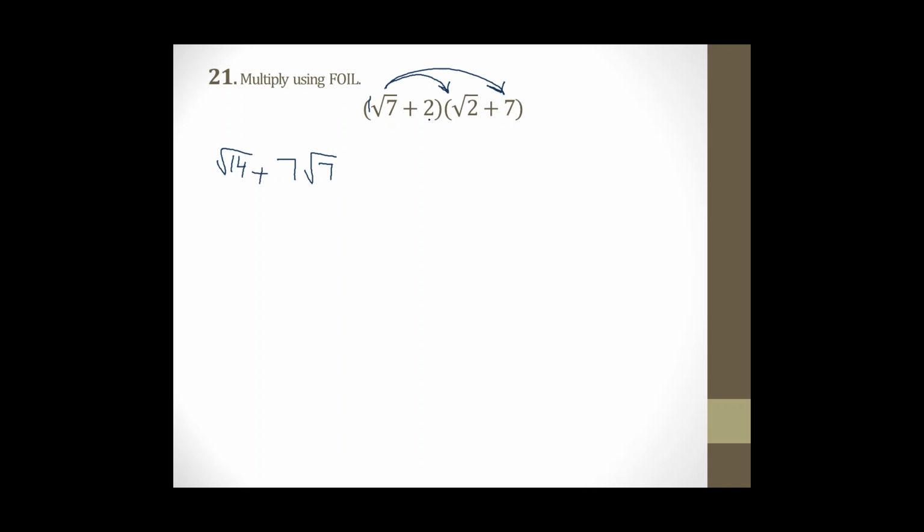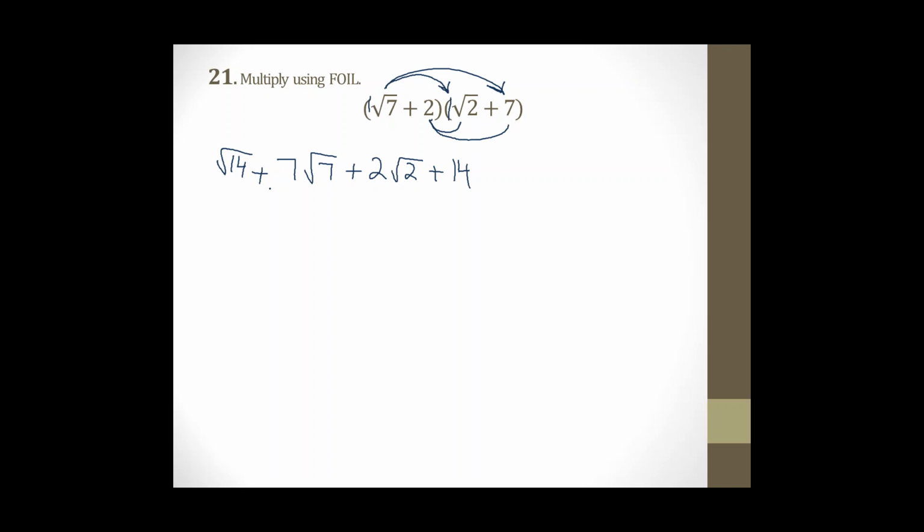Then the inner terms, and the same thing, I have a number that needs to be multiplied by a number, so I can add an imaginary 1. So 2 times 1 is just 2, and then the radical just comes down, it has nothing to be multiplied by. And then the last terms, so 2 times 7, now these are only regular numbers, it's a positive 14.